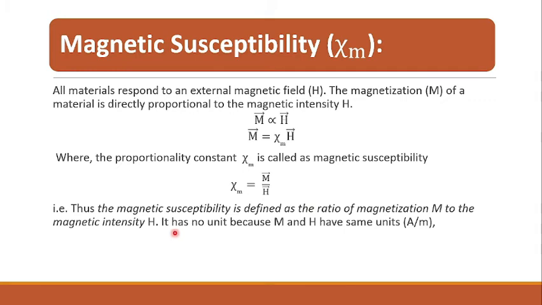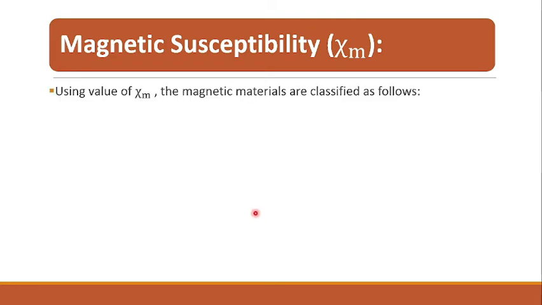That is, the magnetic susceptibility is defined as the ratio of magnetization M to the magnetic intensity H. It has no unit because M and H have the same units, that is ampere per meter, and therefore Chi-m has no units. Using the value of Chi-m, the magnetic materials are classified as follows.